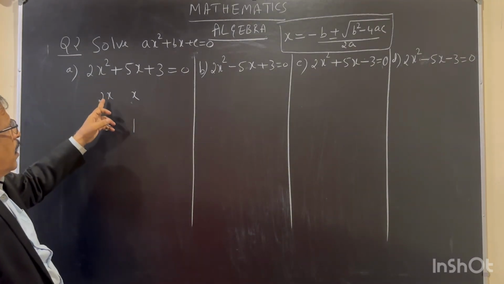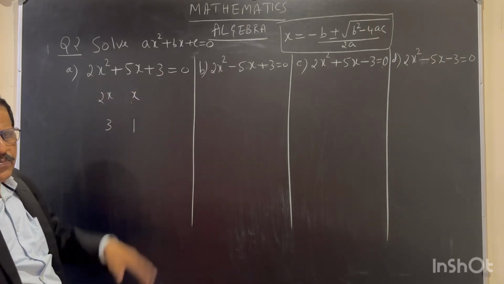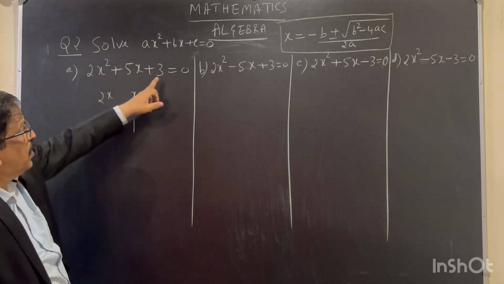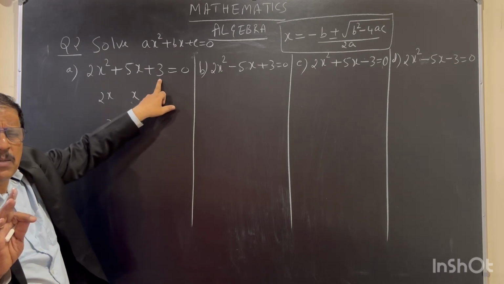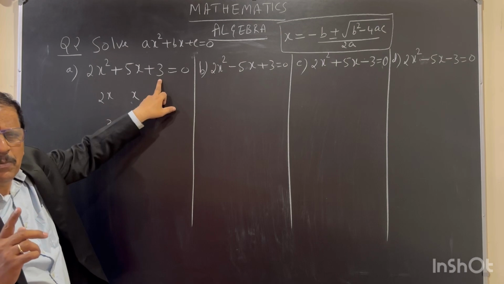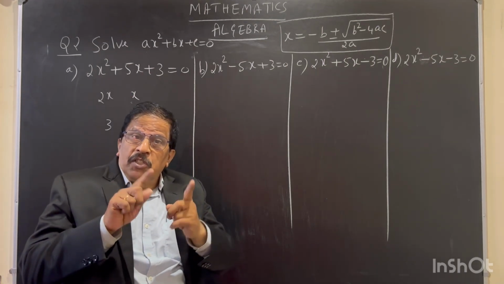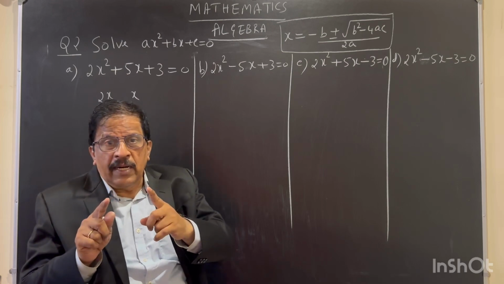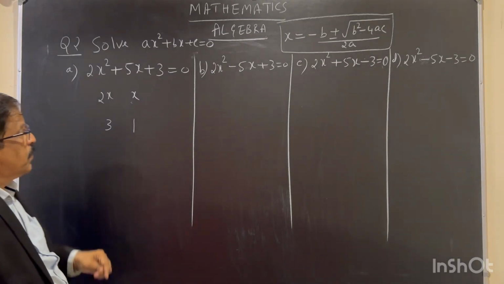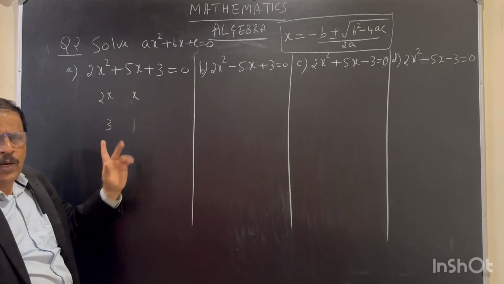That is, 2x square can be written as the product of 2x into x or x into 2x. Now 3 can be written as the product of 3 into 1 or 1 into 3. Only one possibility. If it were 6, then I would have written it as 3 into 2, 6 into 1, right? 2 possibilities. But since it is 3, I can write it as the product of 3 into 1.